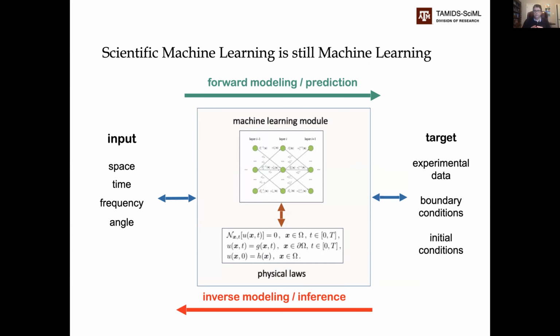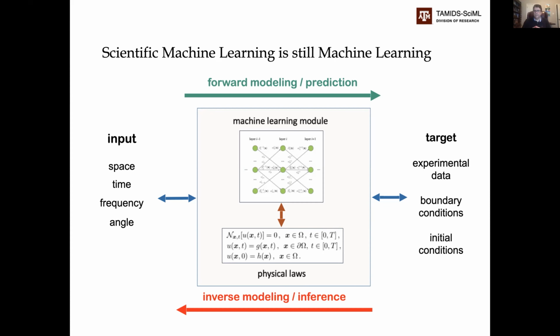At the input, you have space, time, frequency, angle, whatever the physical variables are. And at the target that you're trying to predict, you have the experimental data or sensor data, and also, of course, agreement with any boundary conditions, initial conditions. So this is the data of the problem, and you're trying to learn this input-output map.